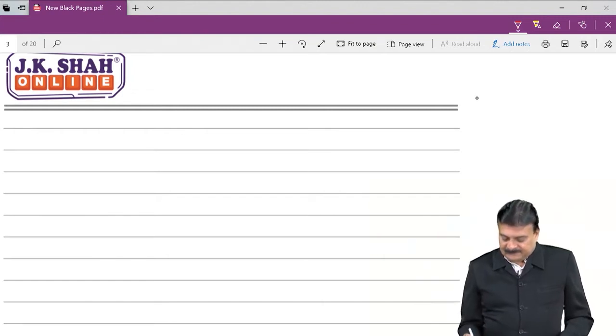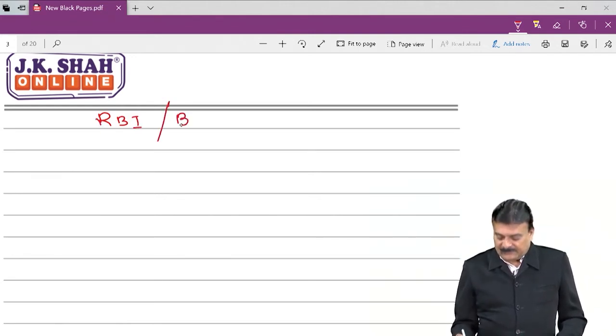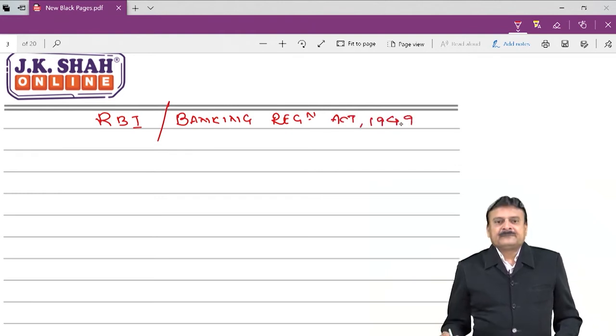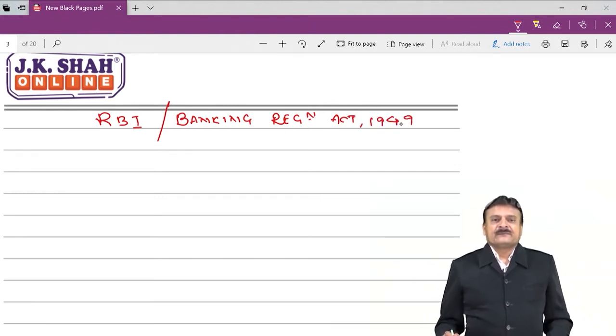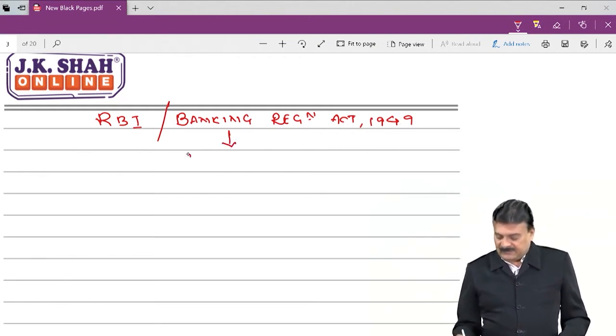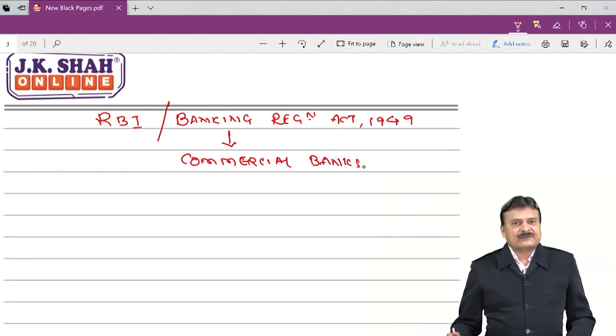So, I can say that the apex bank of India is Reserve Bank of India, and along with Reserve Bank of India, the Banking Regulation Act, 1949 governs what you call commercial banks, because what we are going to see is accounting of commercial banks only.